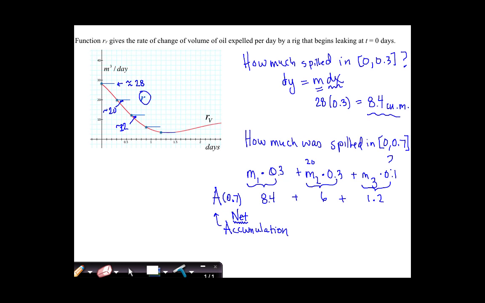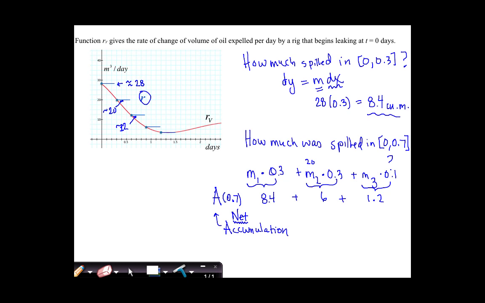Don't worry about a starting value other than 0. Whenever we're starting, start from a dependent value of 0 for the accumulation and just build upward from that. So just use the rate to generate amount of stuff. In this case, just use time and our rate to figure out how much oil there is.